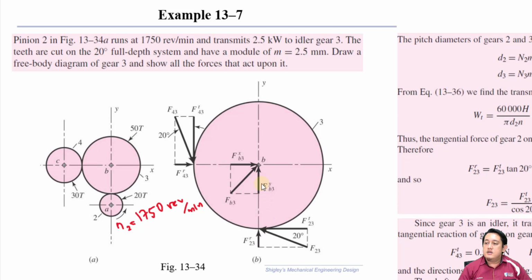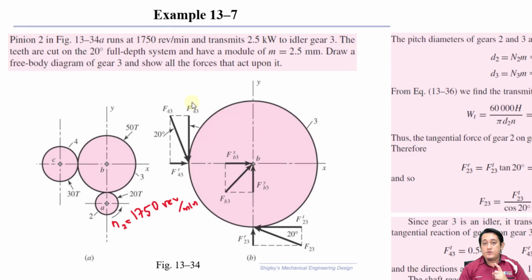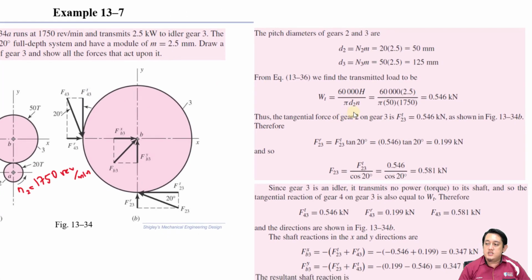When we want to calculate the transmitted load WT, FT here is equal to the transmitted load WT. Because the unit is in SI, we need to use this equation.